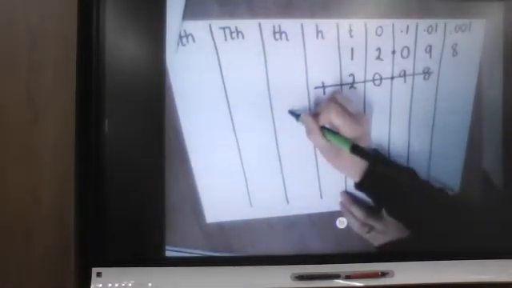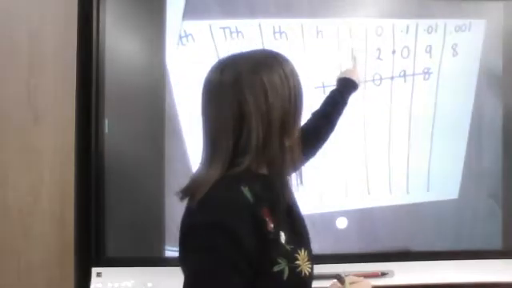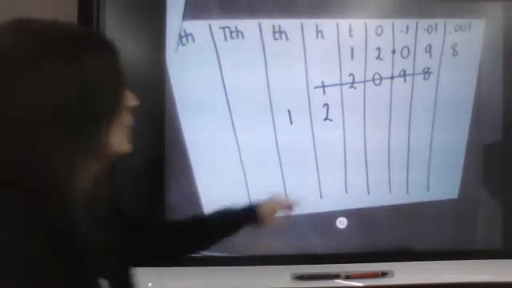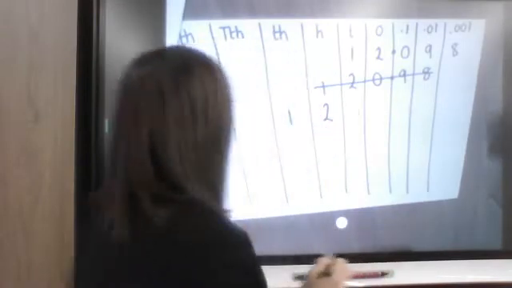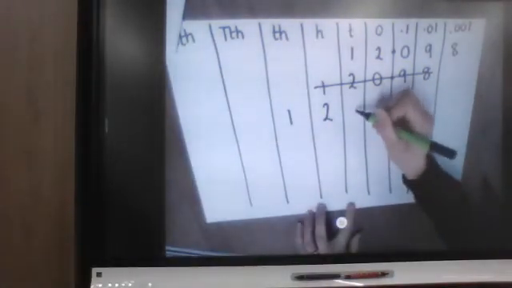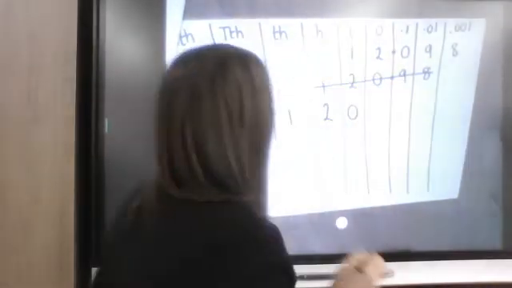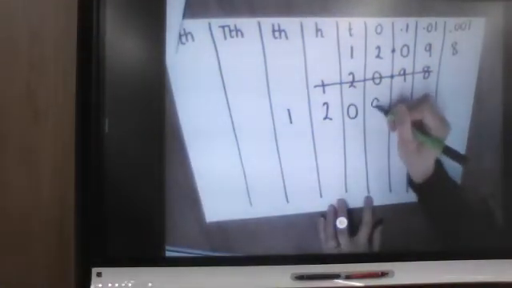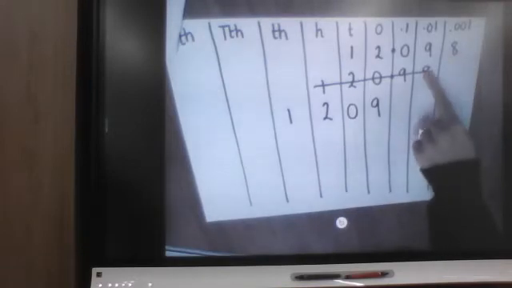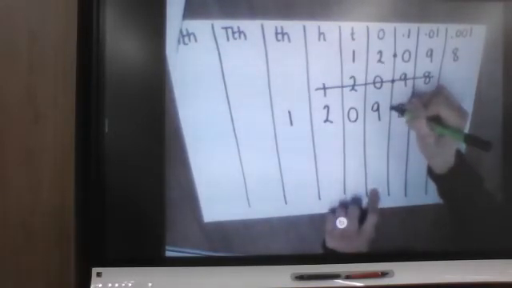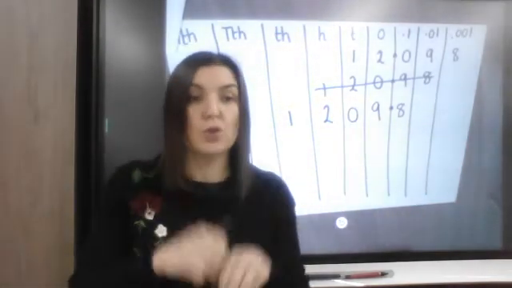That's going to go into the thousands column. 1, 2, that goes into the hundreds column. 1, 2, that goes into the tens column. 1, 2, that goes into the ones column. And then the 8, 1, 2, that goes into the tenths column. And remember your decimal point. So that's multiplying by 100.